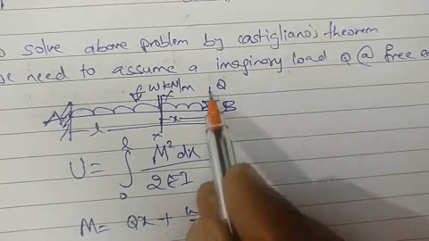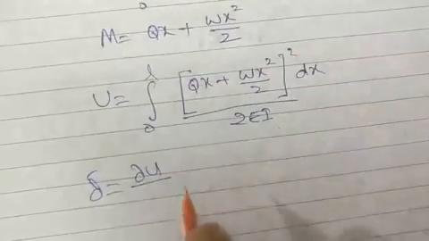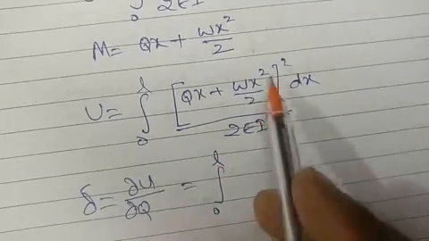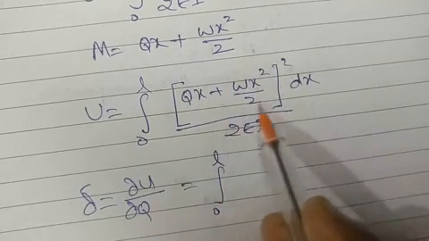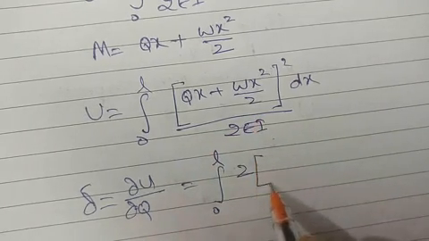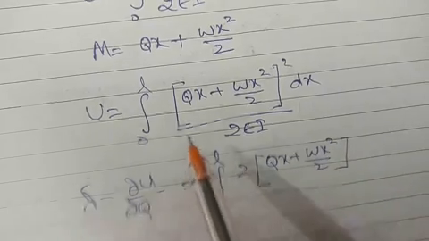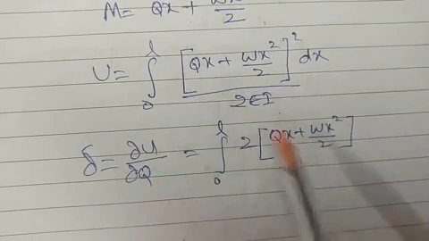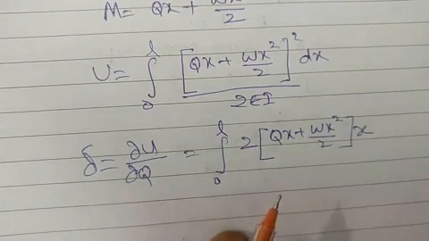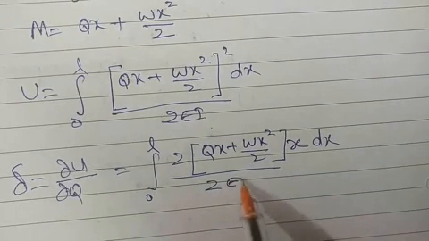Force is Q. So we have to do partial differentiation dou U by dou Q. Delta is equal to dou U by dou Q, integral 0 to L. Now this whole assuming as x square, so when we do partial differentiation, it will become 2 into whole thing, Qx plus W x square by 2, and we are doing partial differentiation with respect to Q, so whatever the term which is associated with Q, that we have to write here, x dx by 2EI.